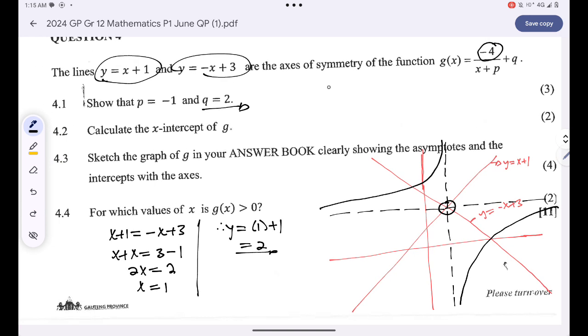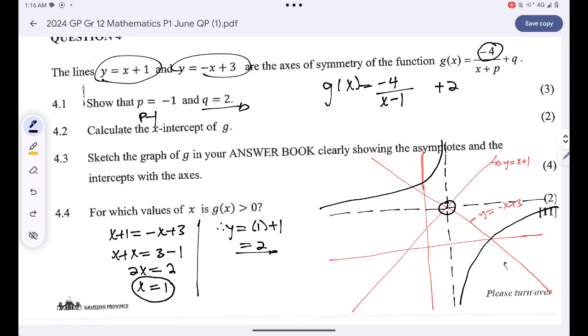So my equation should just look like this. g of x is equal to negative 4 all over x, yes, I have a plus 2 over there. Since the vertical asymptote is x is equal to 1, that means I must write a negative 1 over there. Are you together? So if that's equal to negative 1, it simply means that the value of p is just negative 1.